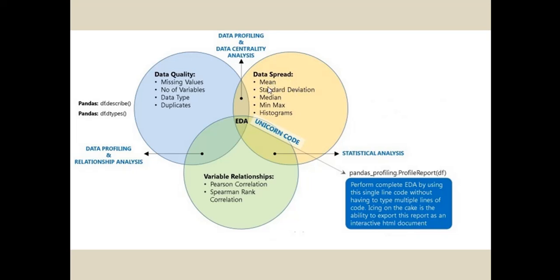You will check the mean, standard deviation, median, minimum, and maximum. And you'll also look at a few plots. You'll also look at the correlation for the numerical variables as well. So to do all this, it takes some time and several lines of code. Now, this library called Pandas Profiling will do all these operations in just one line of code. So let's see how to do that.